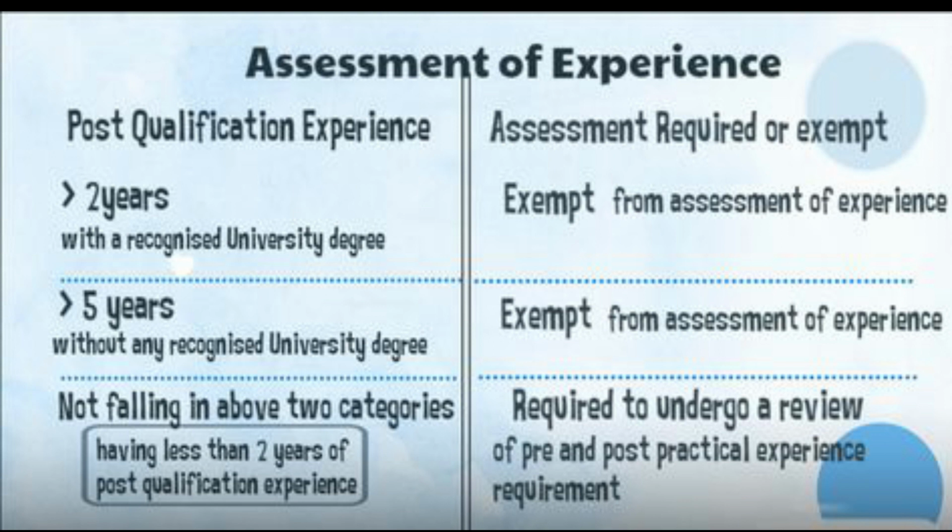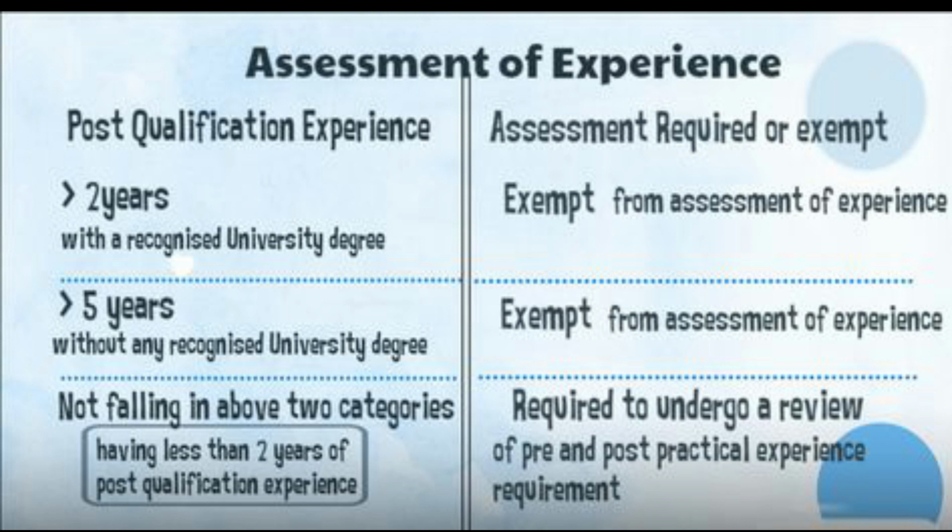Similarly, if you have 5 years of post-qualification experience without a recognized university degree, you are exempt. The only condition is that you have to submit your resume at the time of registration. So the resume is evaluated, a detailed resume. It's more or less like a detailed experience report that you prepare.